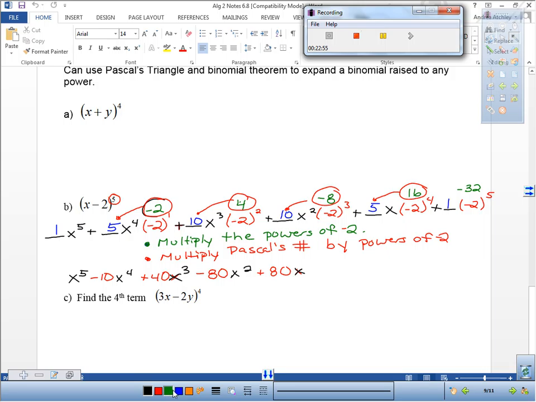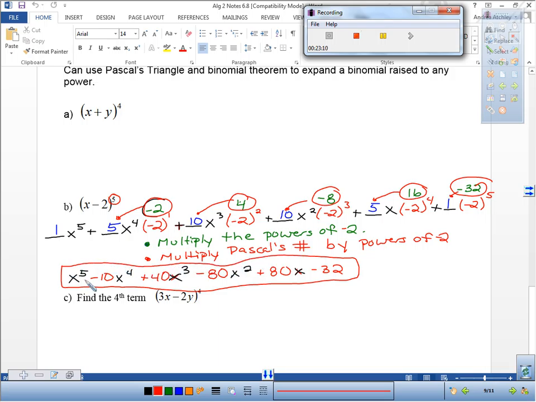And then finally, the negative 32 times the 1 just gives me negative 32. And that's what I would get if I expanded the x minus 2 to the 5th power. Any questions over that?